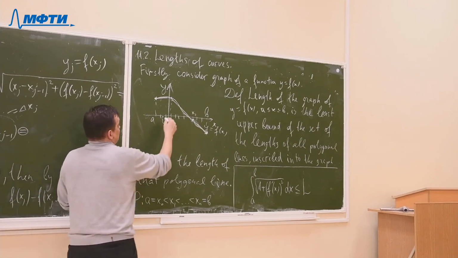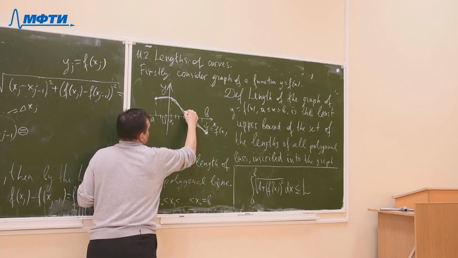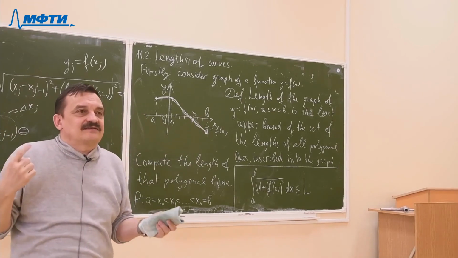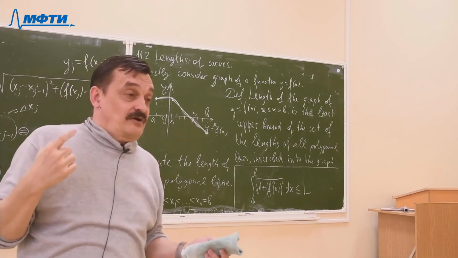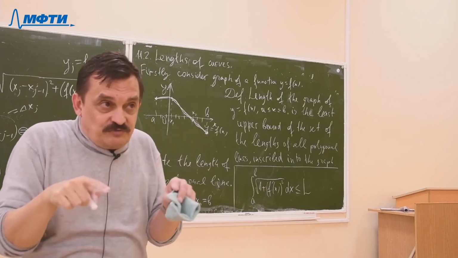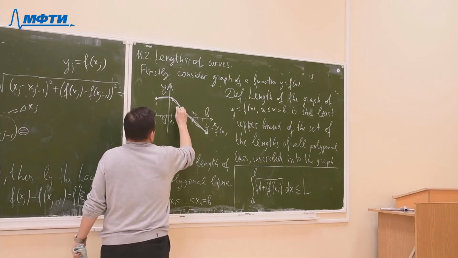What will happen with length? Look, it means we have a polygonal line which practically coincides with our graph, right? So you cannot distinguish between them if you have points very often.